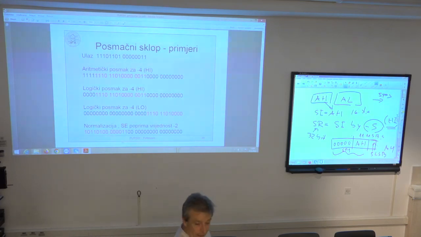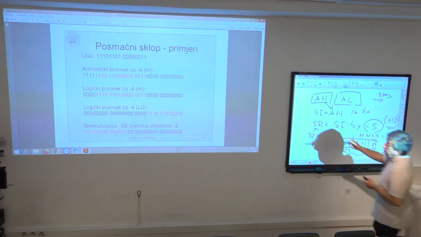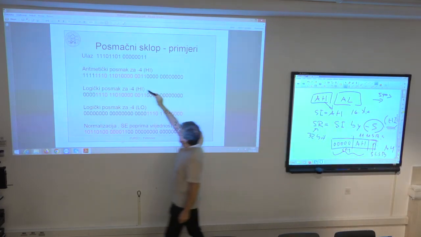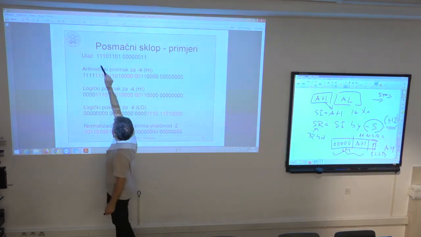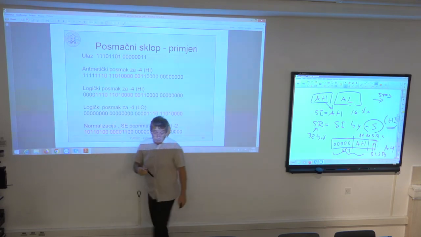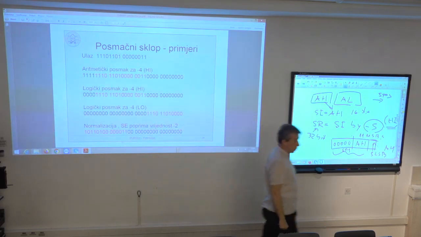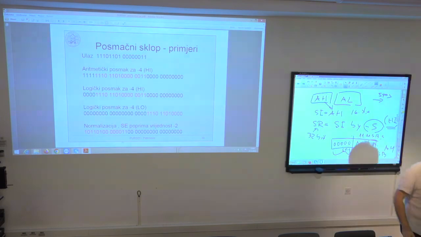I shift it to the left until I get rid of all of the repeating ones or all of the repeating zeros at the top of the register. As long as I'm able to shift out these ones or zeros, I repeat this shift to the left. So in this case here, this value is negative, but it is not normalized, because if it were normalized, then the second bit would be 0.